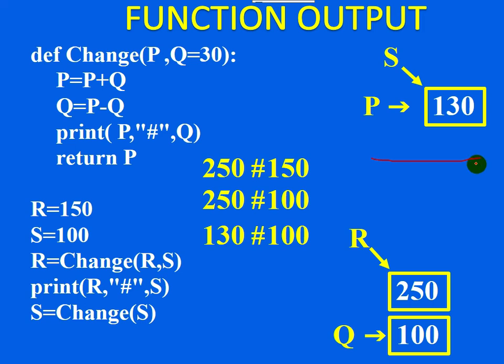And this one goes. Finally, when the control comes here, the variable names p and q do not exist, because they are local variables and they can be used only inside the respective function. So the variable name p does not exist and the variable name q does not exist, which means this data is lost because there is no other variable pointing to this data.